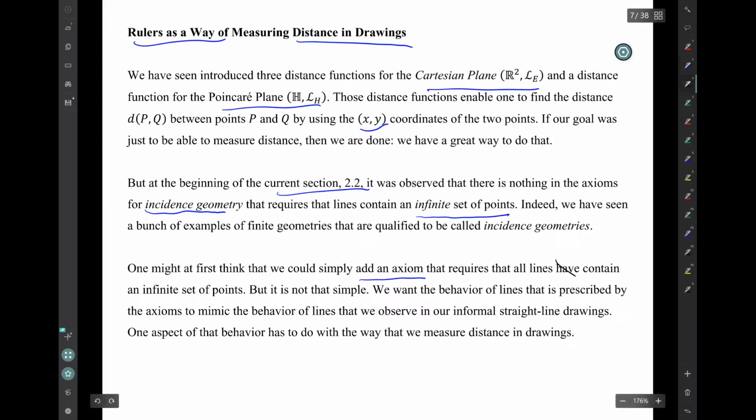Typo here. But it's not that simple. We want the behavior of lines that's prescribed by our axioms to mimic the behavior of lines that we observe in our informal straight line drawings. One aspect of that behavior has to do with the way that we measure distance in drawings.